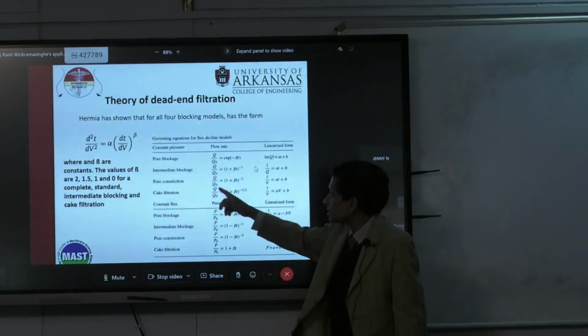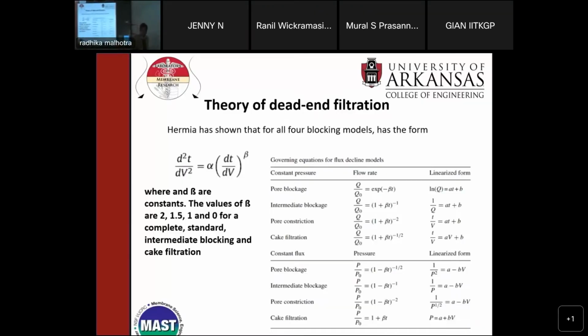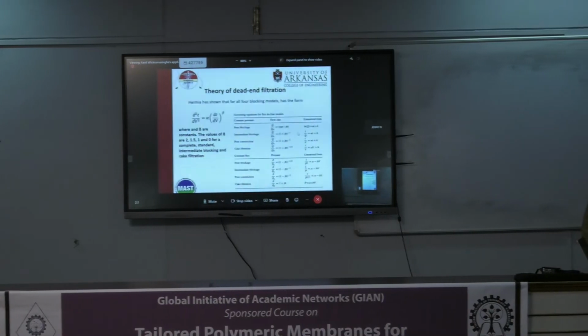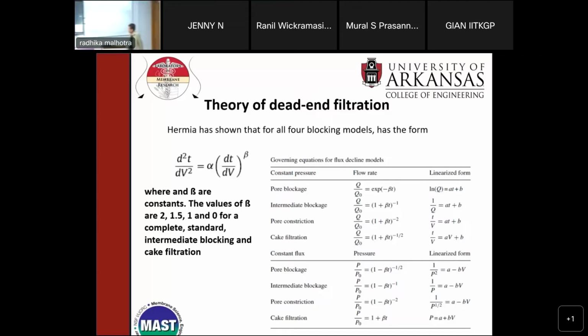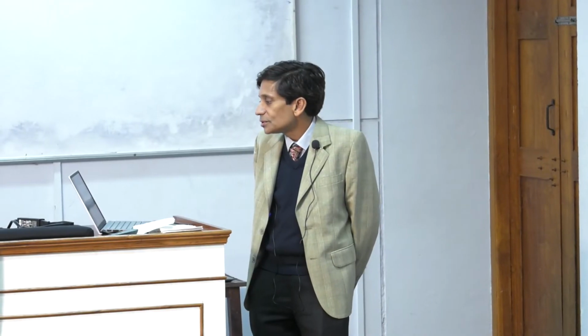So basically you have your data, you plot it this way, and you come up with your value of beta. And as I say here, beta is a constant, and if the value of beta is 2, 1.5, 1, or 0, you have complete, standard, intermediate blocking or cake filtration. Okay? So if it's a value of 0, sorry, you have complete blocking.